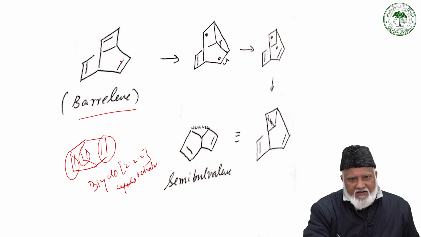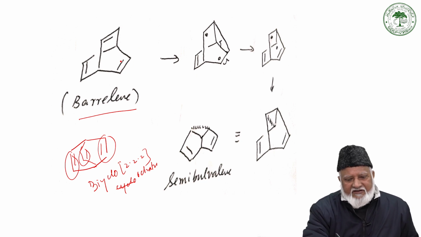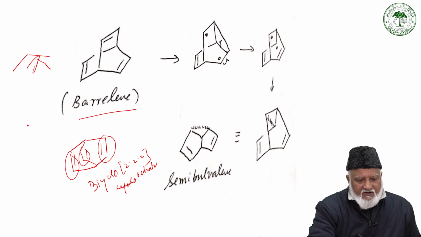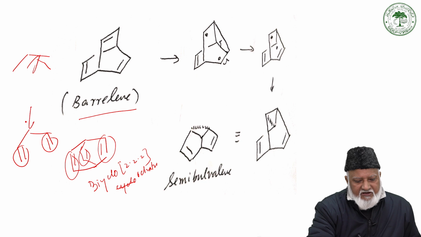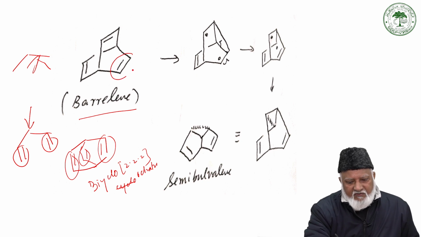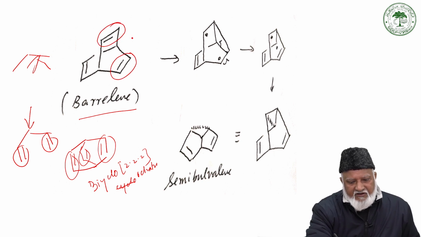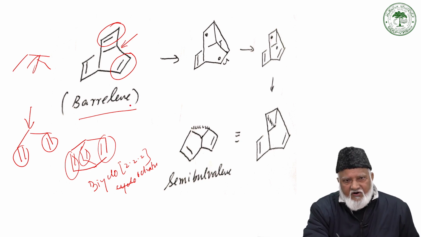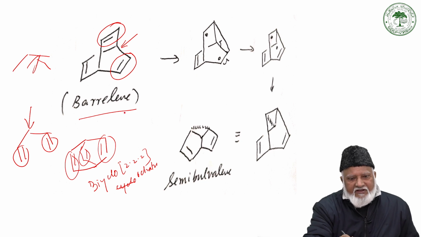If you consider what we have learned in the previous slide, whenever we have two double bonds separated by a methylene group, it can undergo di-pi-methane rearrangement. If you look at this molecule very critically, you have one double bond here, another double bond here, and they are again separated by a methylene group. So this ring system is also nicely set for di-pi-methane rearrangement in all the cases.